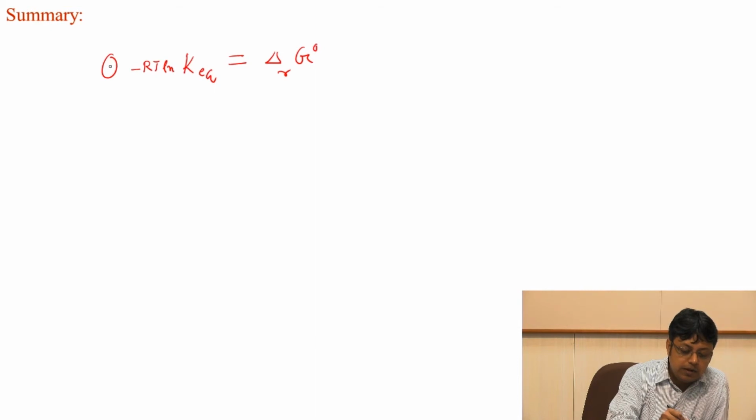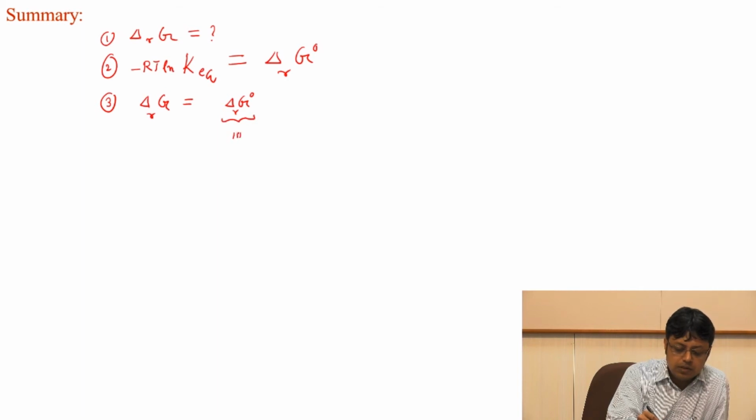Prior to that, we defined the reaction Gibbs free energy, delta H0, how you can write it as a difference between the chemical potentials, and then we expanded it for a general case. We showed that this reaction free energy delta G can be written as the standard part, which is connected to K equilibrium, minus RT ln K equilibrium, plus RT ln Q, where Q is the quotient at any time.